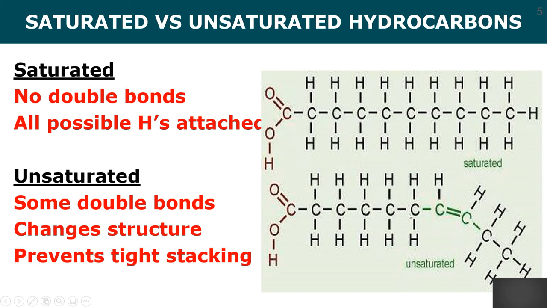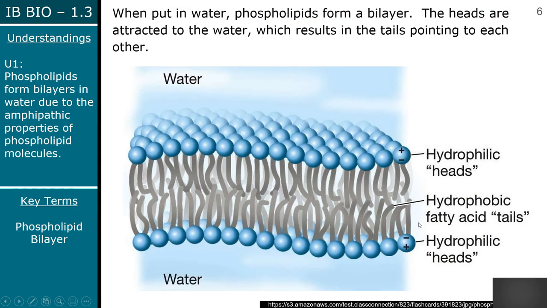Unsaturated, by contrast, does have some double bonds between some of the carbons, so it doesn't have the maximum amount of hydrogens possible. They have these bent structures when you have those double bonds, and it prevents overly tight stacking. That's why you're supposed to eat more unsaturated fats, because these have a harder time clogging your arteries.